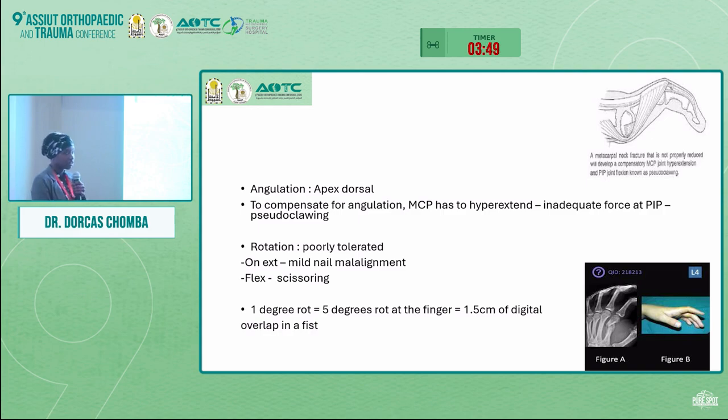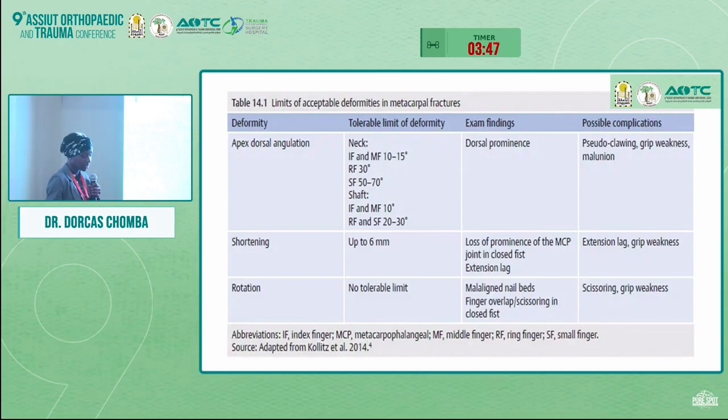Rotation, like in the phalanges, is not accepted at all. As we alluded to, because the medial 2 digits are a bit more mobile, what you accept in terms of angulation is a little bit more, and the area that's closer to the joint also accepts a little bit more angulation compared to away from the joint.